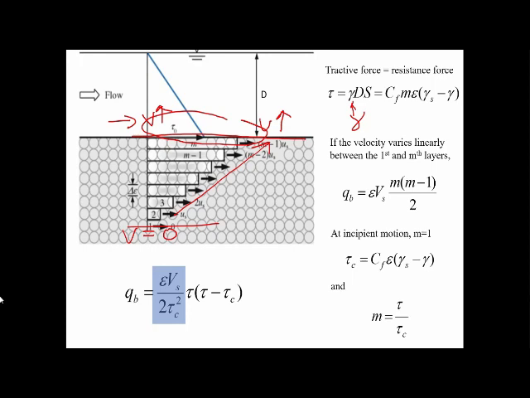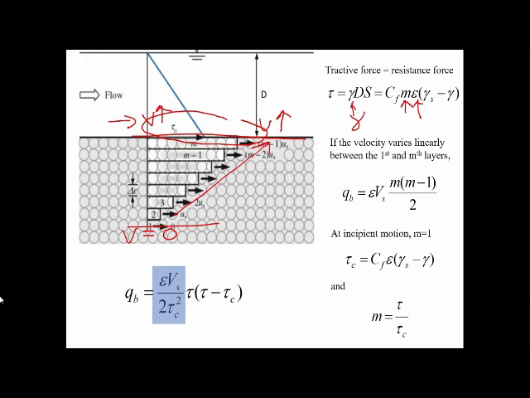And under the equilibrium conditions, then this active force should be balanced lah by the total resistant force between this layer. So they can balance between the layer, and that's come out with this equation, which is the CF times the M. M is the numbers of layer.